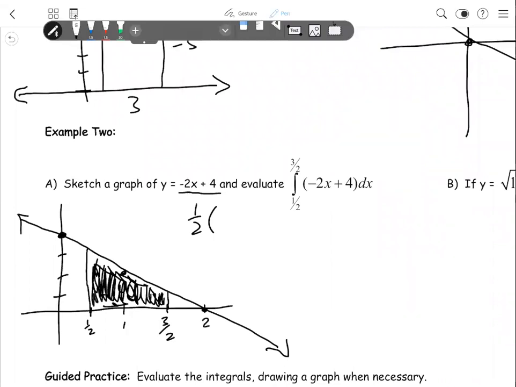And -1 plus 4 gives me 3. And then I plug in 3/2. 3/2 times -2 gives me -3 plus 4. That gives me +1. And so I have 4 times 1/2. So the value of this integral is the area of the trapezoid, which in this case is 2.